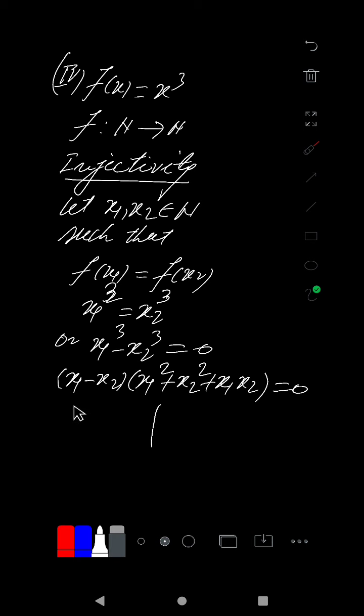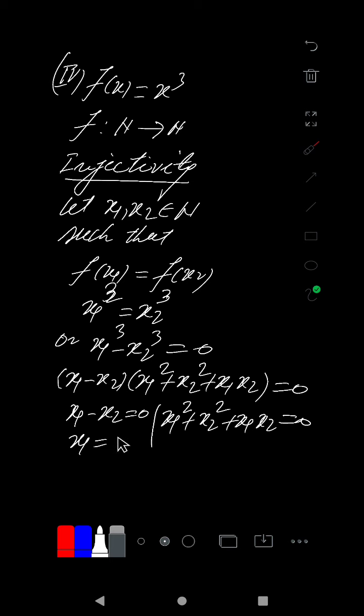So either x1 minus x2 is equal to 0 or x1 square plus x2 square plus x1 x2 is equal to 0. So from the first condition we have x1 is equal to x2, but the second condition is invalid or absurd because x1 square is absolutely positive, x2 square is also absolutely positive, and x1 x2, the product of two natural numbers, is always a positive number.